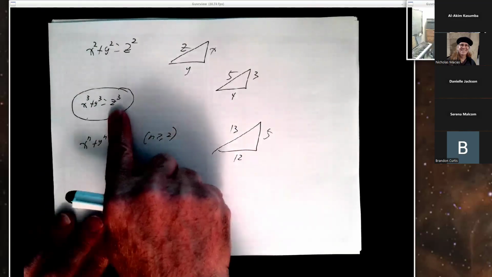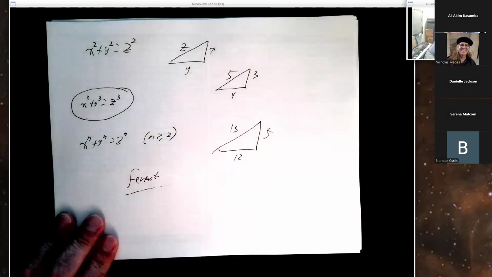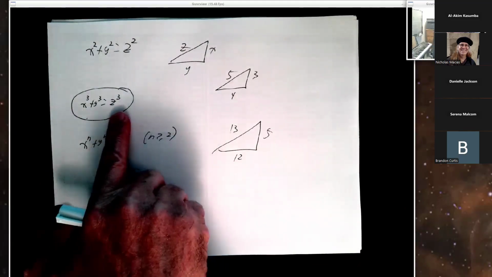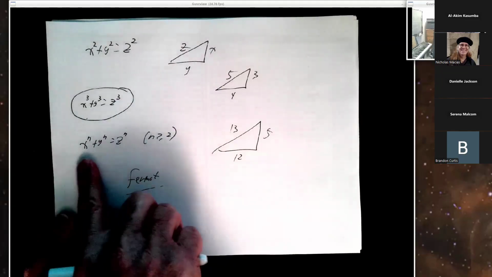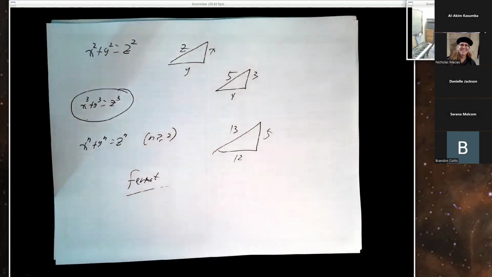And he writes a little note in the margin to himself saying, this equation cannot be solved in integers. And more generally, this equation has no solution for any n bigger than or equal to 2. And he adds a note at the bottom of that saying, I've discovered a marvelous proof of this, which this margin is too small to write out.